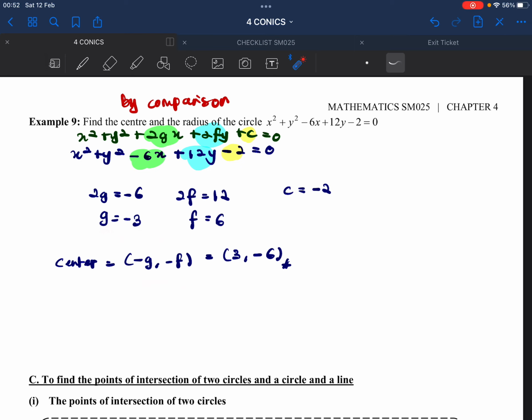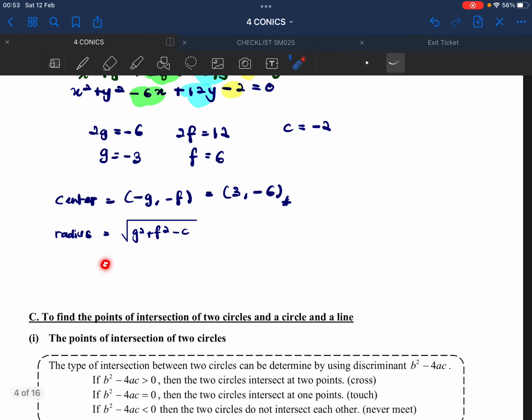For the radius of the general equation, we cannot get it straight away from the equation. We have to use the formula: radius equals the square root of g squared plus f squared minus c. Putting everything together, g is negative 3, so we have negative 3 squared plus 6 squared minus c, which is minus negative 2.